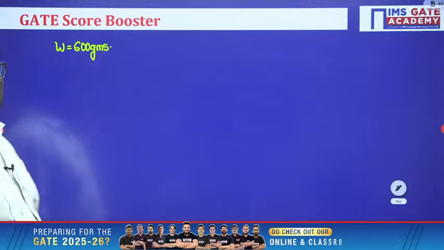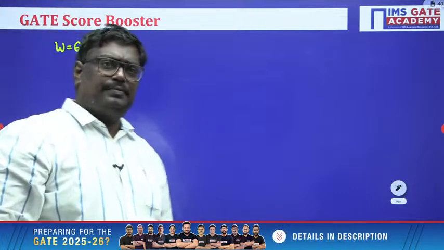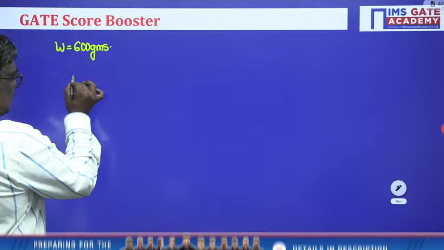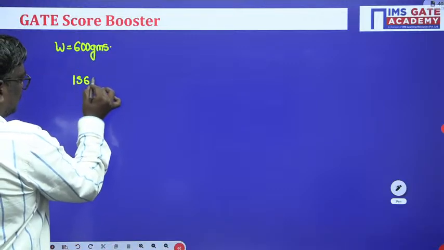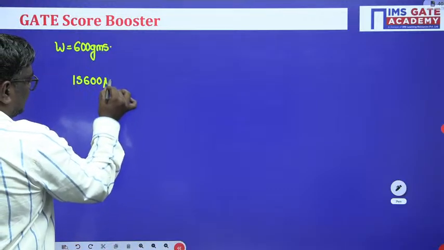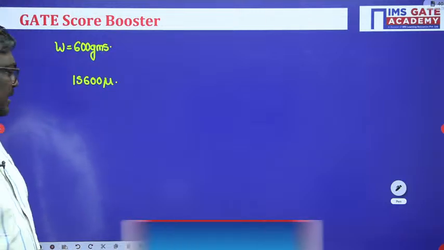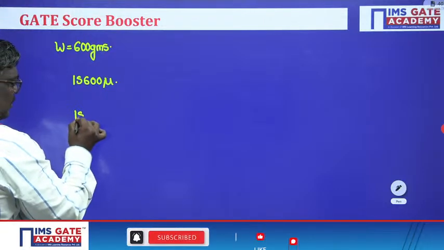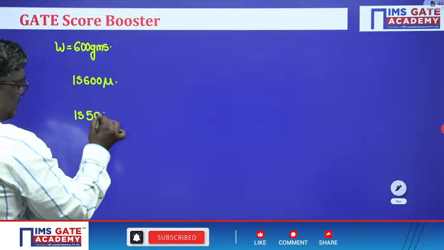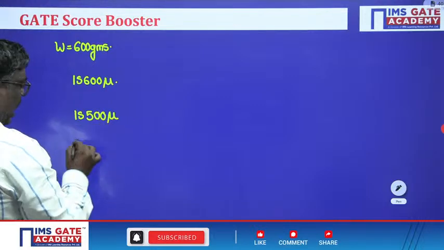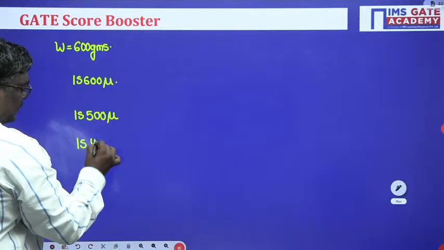Now, my dear students, they have given you IS 600 micron sieve. Next one is IS 500 micron sieve. And next one we have is IS 425 micron sieve.